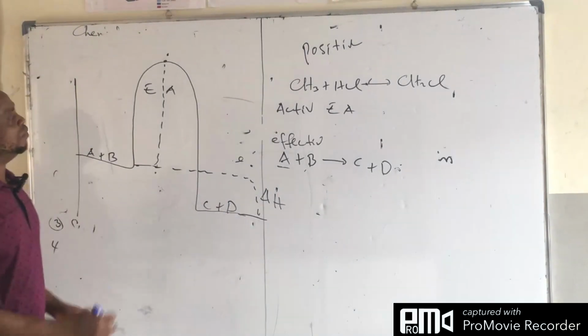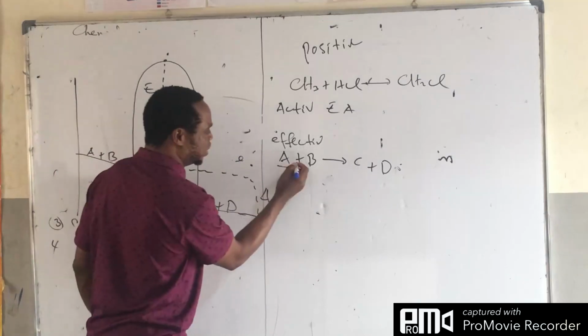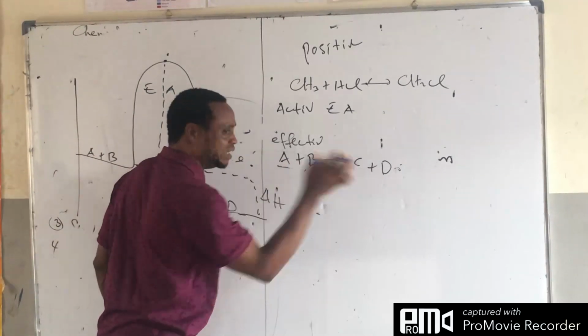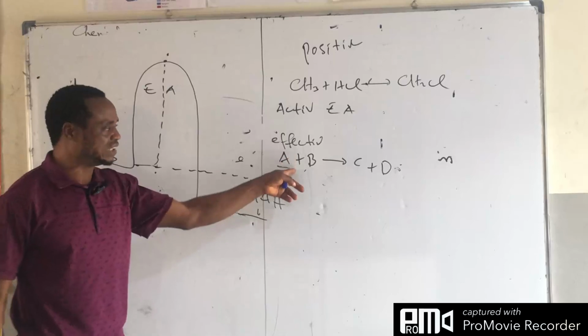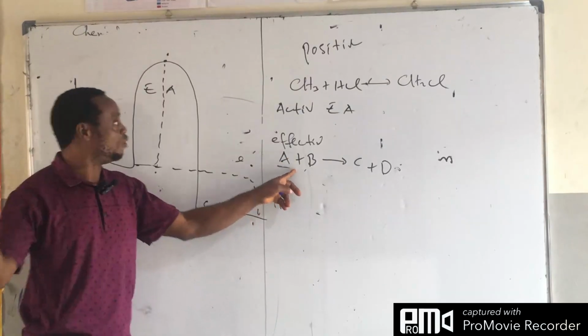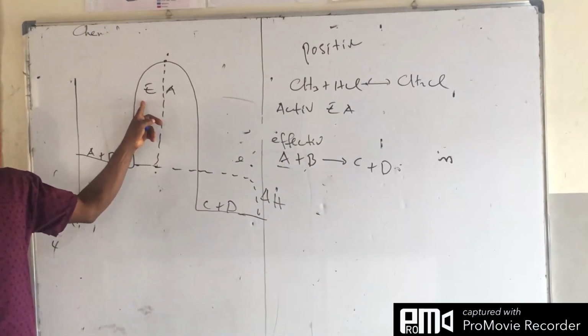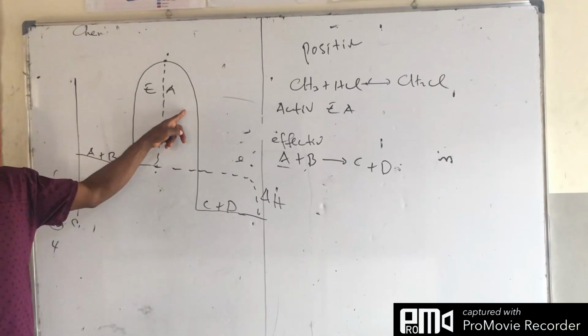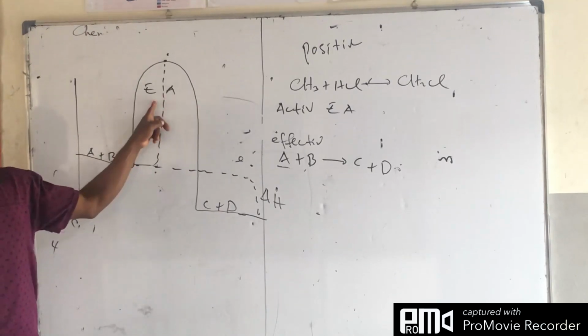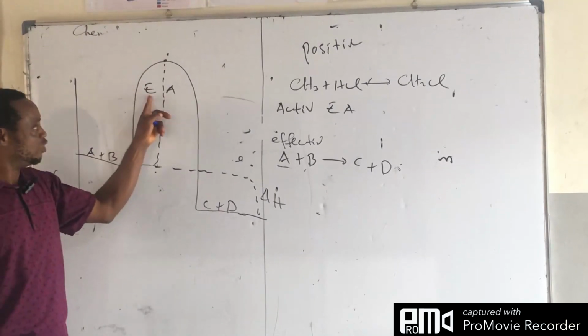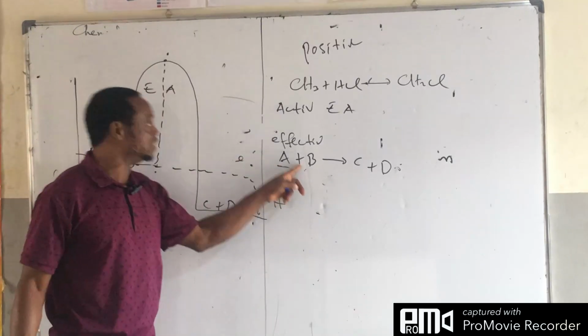Now, if A and B collide to give you C and D, it means that the energy A and B possess is enough to overcome the energy barrier called activation energy. That's EA.